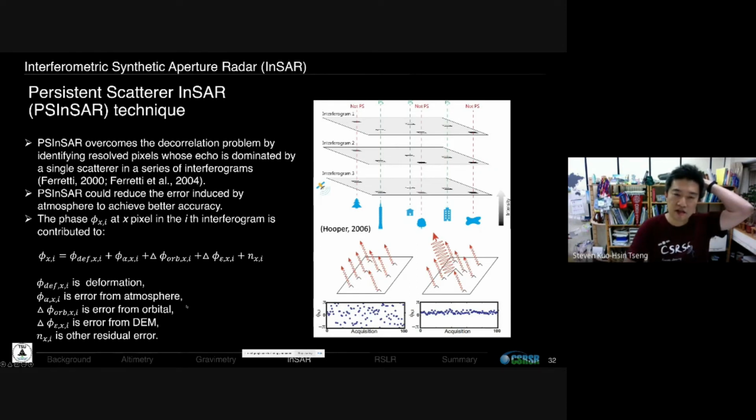Actually, InSAR is very sophisticated, and it needs a lot of experience to tune all these parameters if you have tried. However, there is also open source software that you can use, like StaMPS, like GMT-SAR, a lot of software you can use.